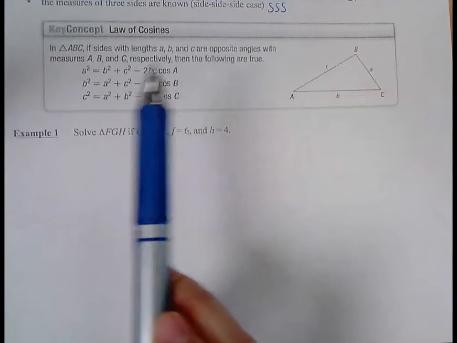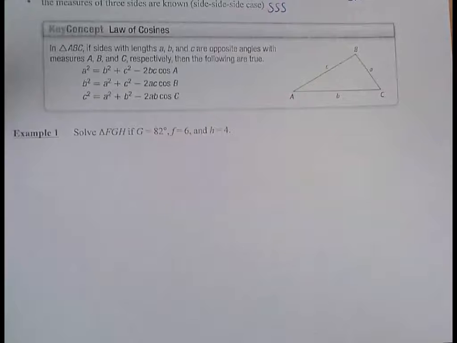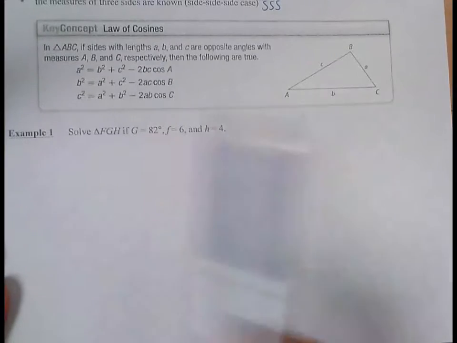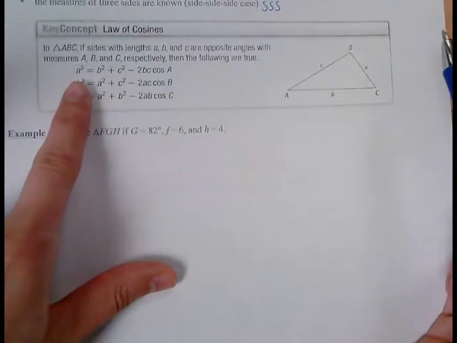So in triangle ABC here, we have sides A, B, C and angles A, B, C. Three different variations of the same formula.